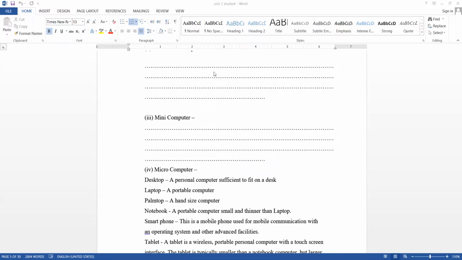Put the examples: servers in banks. So servers in banks.